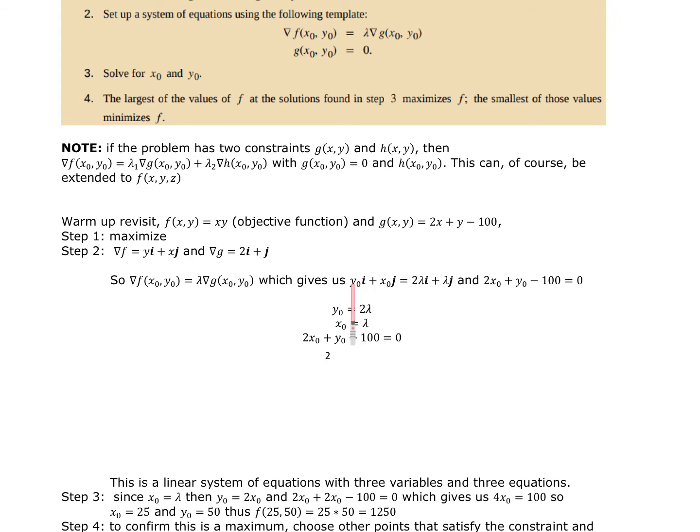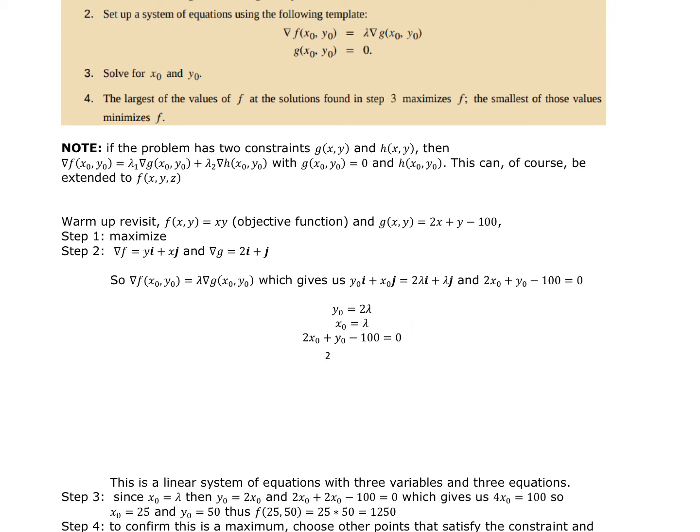If we set this equal, now I'm going to actually use x naughts. I have y naught i plus x naught j equal to 2 lambda i plus lambda j. For the constraint gradient, I didn't have anything to put in because they were constants. And we also have 2x naught plus y naught minus 100 equal to 0.